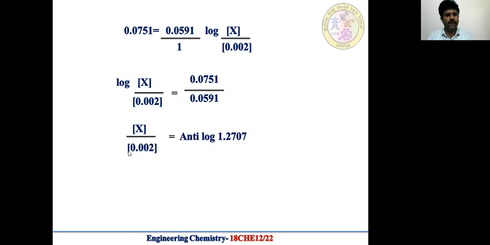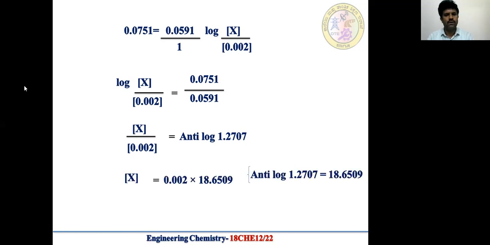So x divided by 0.002 is equal to, if I send it to the right, the antilog value of 1.2707. The value of this is 1.2707. And the antilog value of 1.2707 is equal to 18.6509.